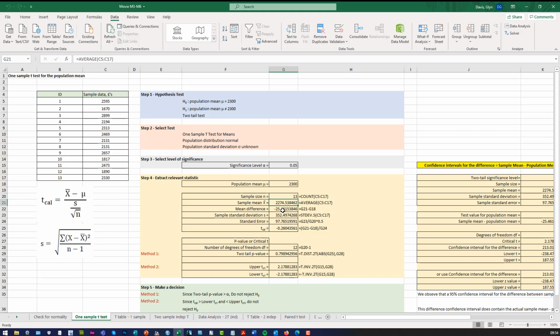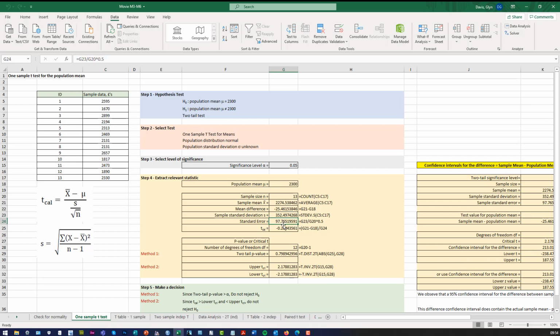We can then calculate the mean difference between that number and that number, to give me minus 25.46. We can then work out the sample standard deviation from this equation here, or using the STDEV.S Excel function, and that comes out to be 352.49.